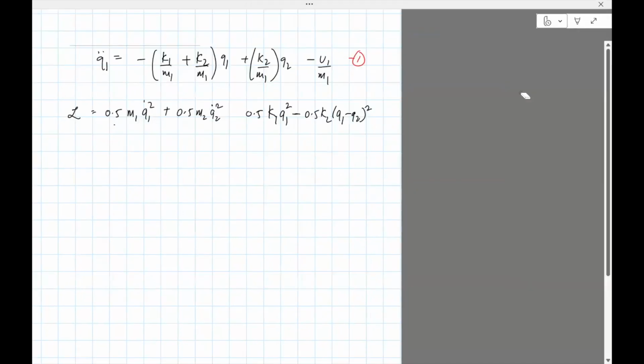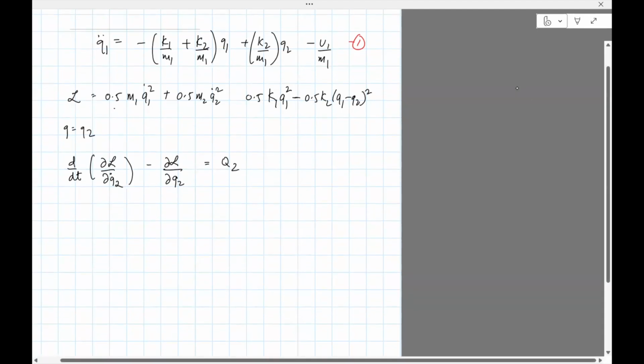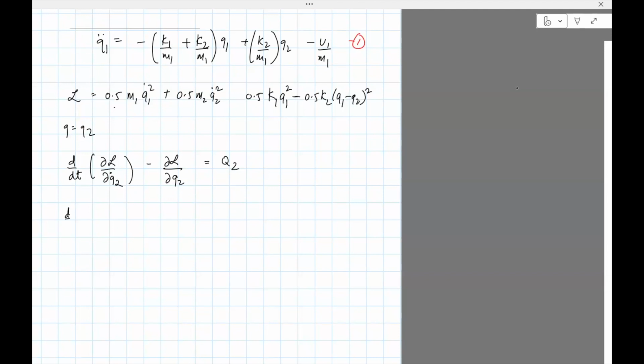Okay, so let's take Q equals Q2, and so we need to evaluate d dt dL dQ2 dot minus dL dQ2 equals capital Q2, which is the external force. So d dt of the derivative of L with respect to Q2 dot.